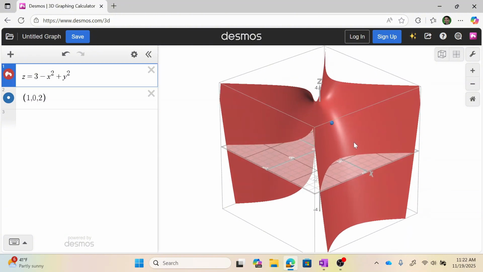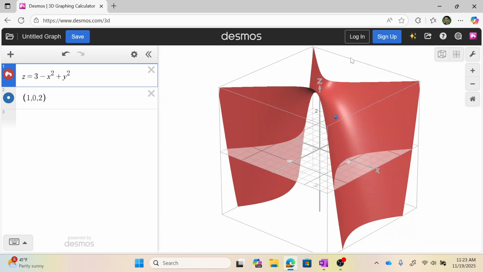To answer that question, I can consider what happens to the heights on the graph, what happens to the z values on the graph, as we move from this location a little bit in the positive x direction. Now, the positive x direction, as pictured here, is moving off to the right. And what I can see is that as I follow this graph in the positive x direction, my heights and my z values are beginning to go down over time.